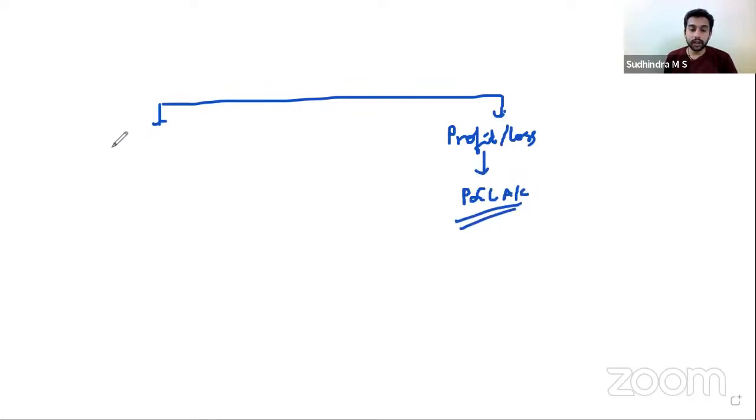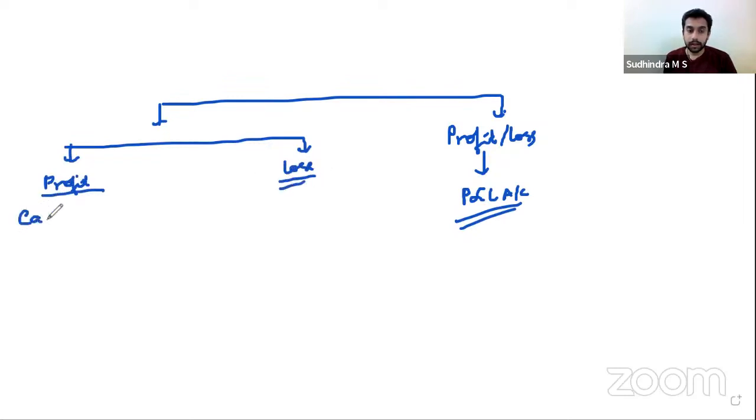Whereas under pre-incorporation, again 2 arrow marks. If it is a profit, capital reserves.